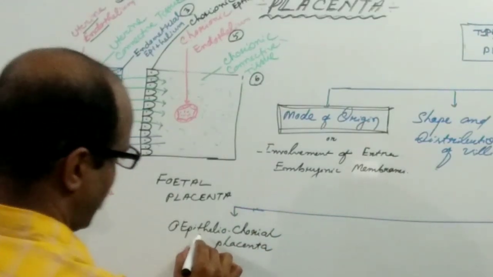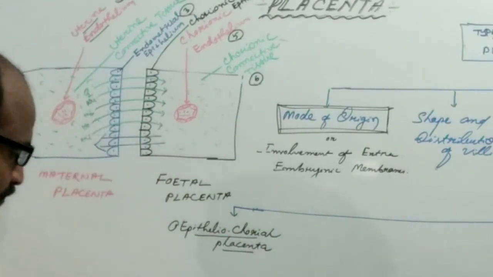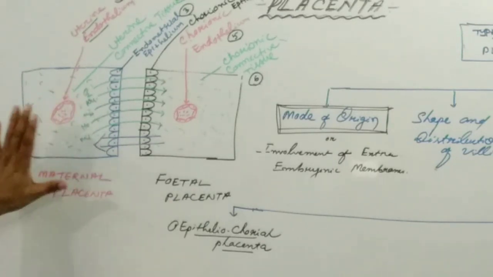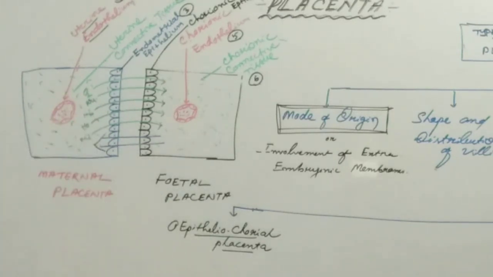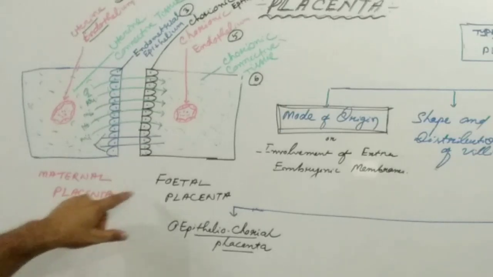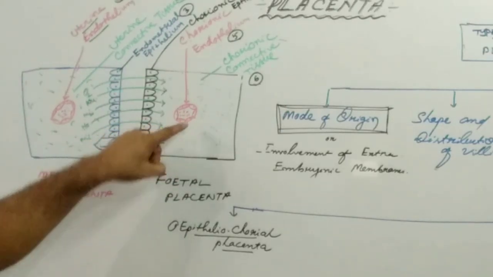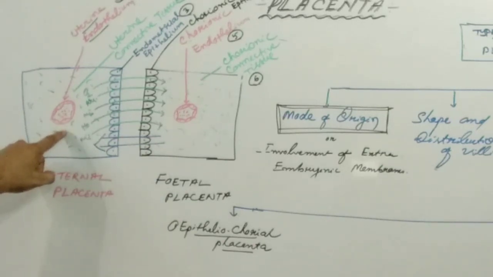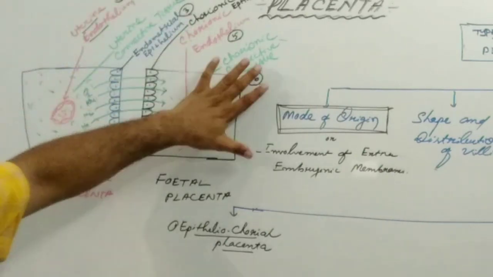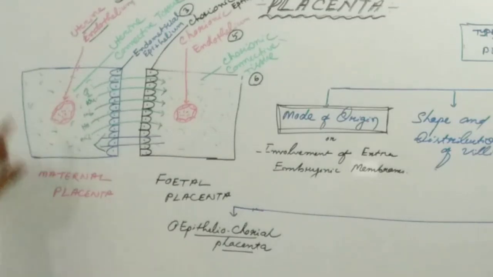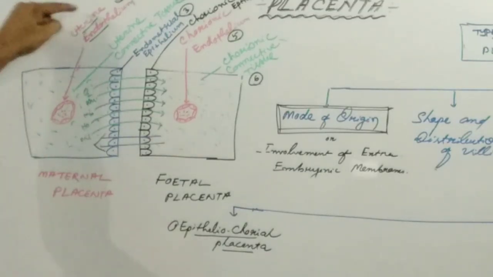As I told earlier, in case of placenta, there are 6 membranes or 6 tissues between the blood of mother and the blood of fetus. Suppose this is the maternal placenta and this is the fetal placenta. Here, this is the fetal blood capillary, and this is the maternal blood vessel, and in between there are 6 membranes or 6 tissue barriers from mother to fetus.